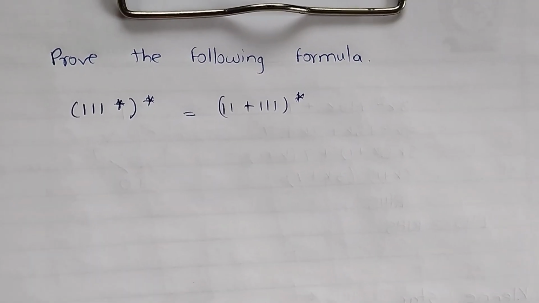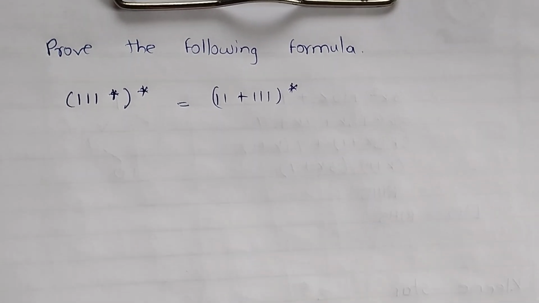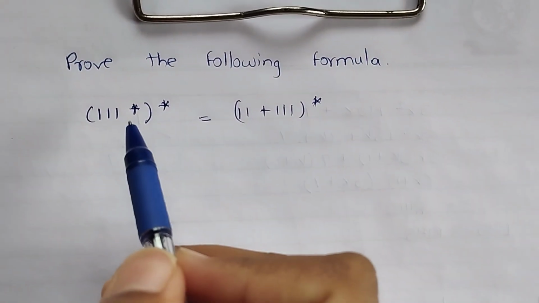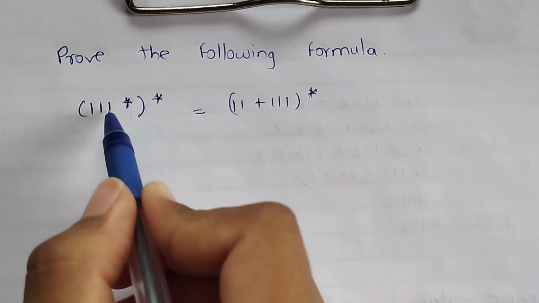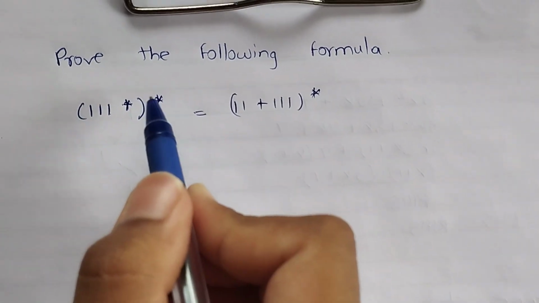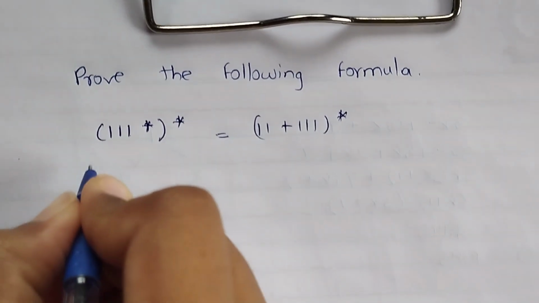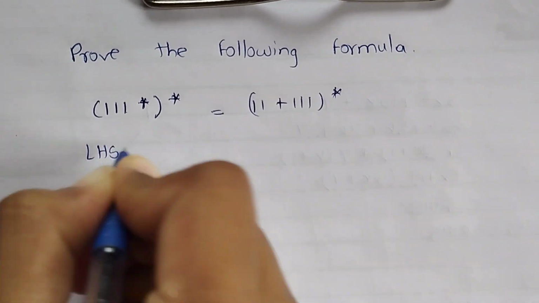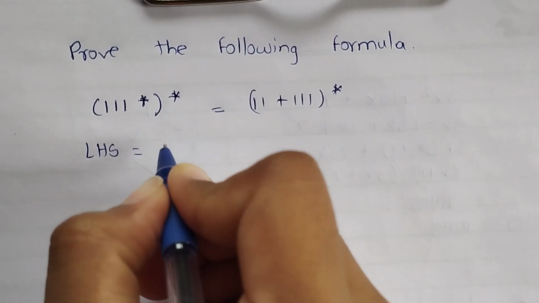Now we see one more example. Prove the following formula: 1 1 1 star, and bracket star. So let's suppose for the LHS we write the regular expression.